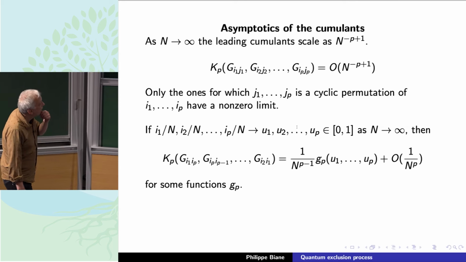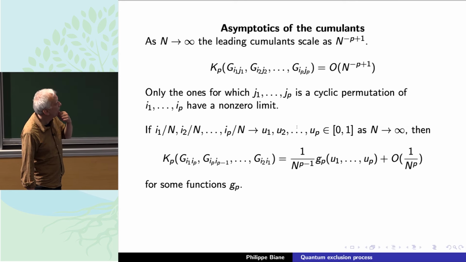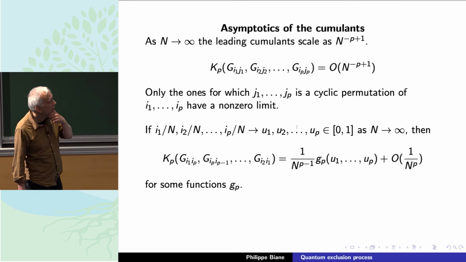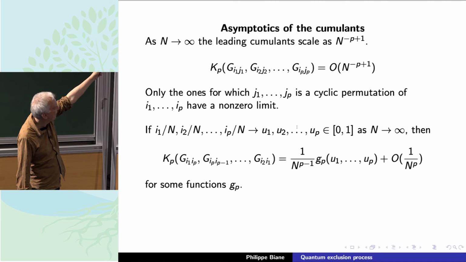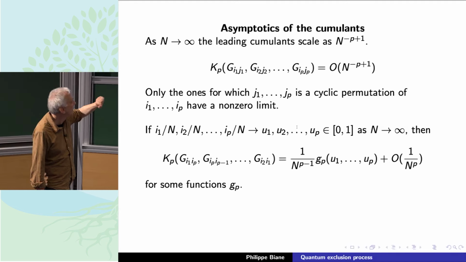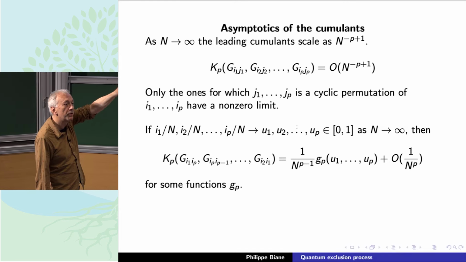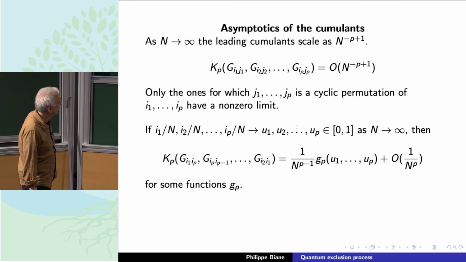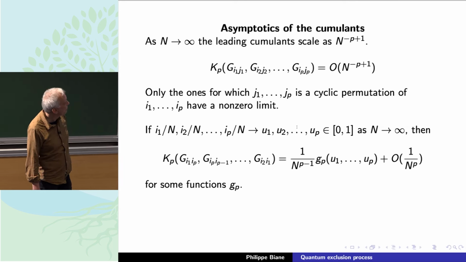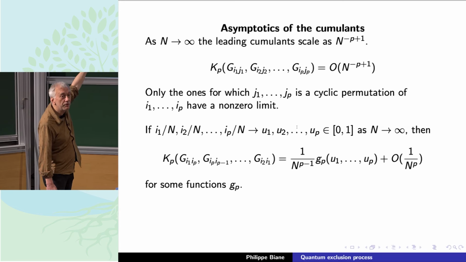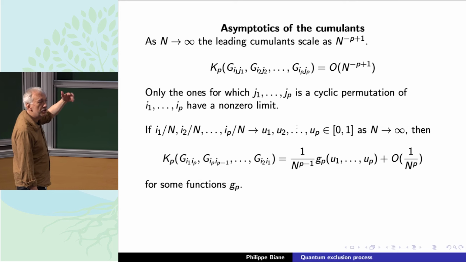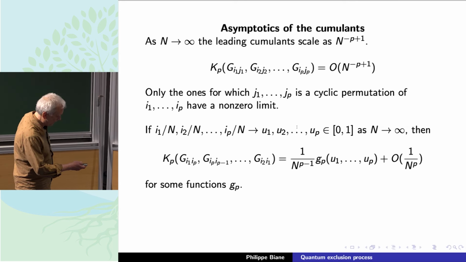Okay, and this is of the order 1 over n to the p minus 1 times some function which depends on the situation of the I1, I2, etc. So I assume that I1, I2, ..., In, etc. converge to some spots on the interval between 0 and 1. So I have some function G_p of U1, U2, ..., Up. Okay, and so we have this asymptotic expansion, and all the other cumulants are negligible with respect to these cumulants.